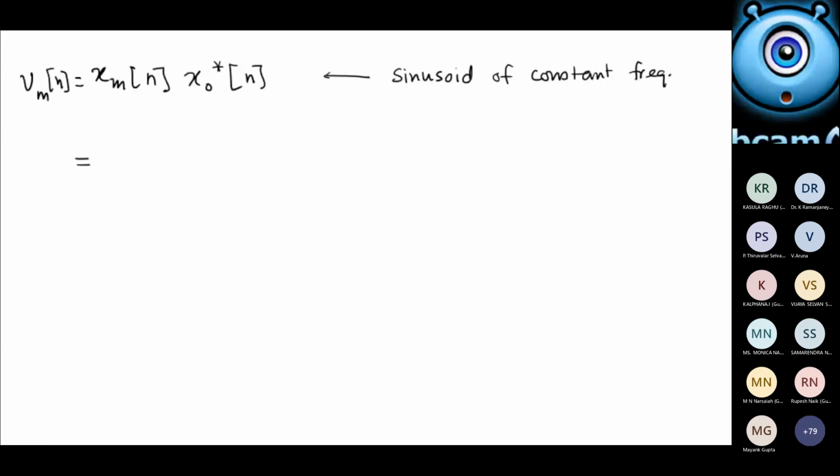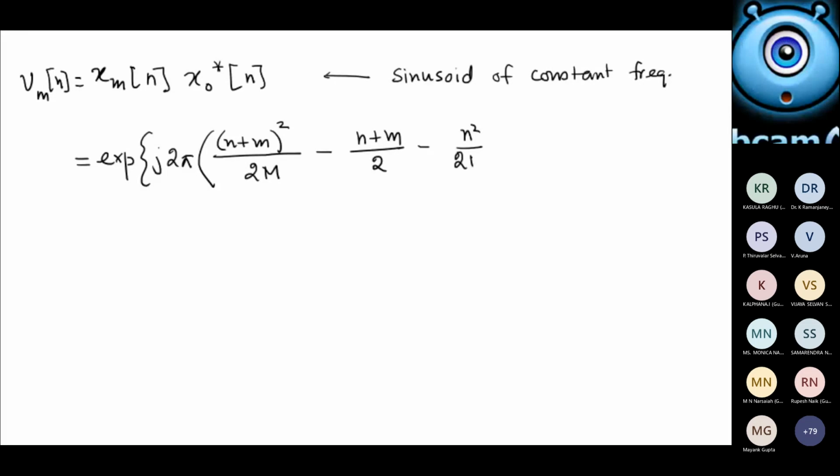So this multiplication, we can write this based on our earlier derivation of the sampled versions of different chirps as exponential j 2 pi times (n plus m) whole squared by 2M minus (n plus m) by 2 minus n squared by 2M plus n by 2. So this follows by applying some manipulations to what we have already mentioned in previous discussions.